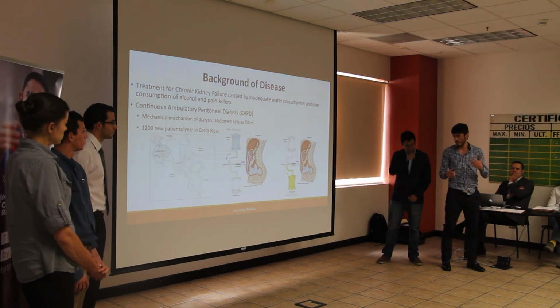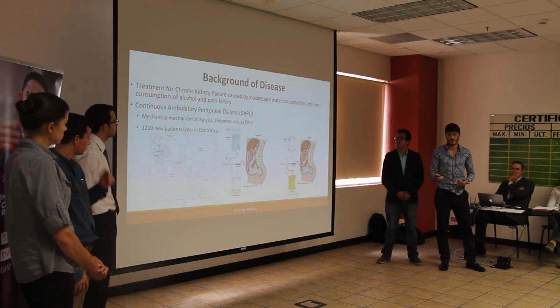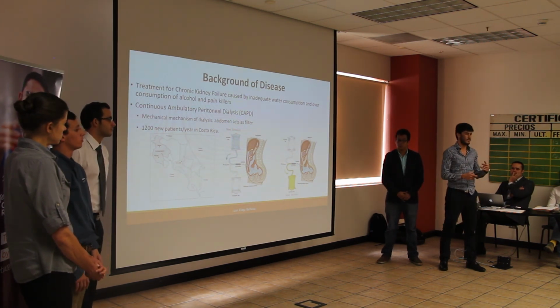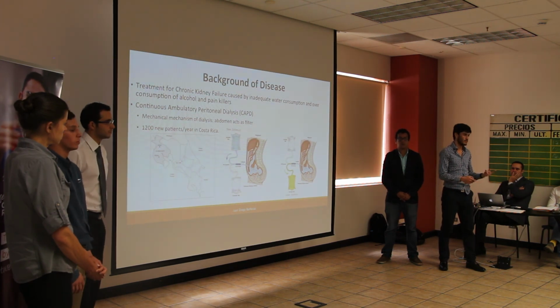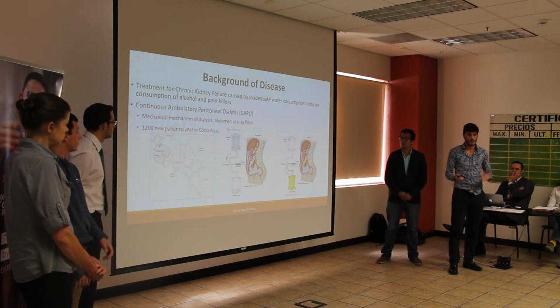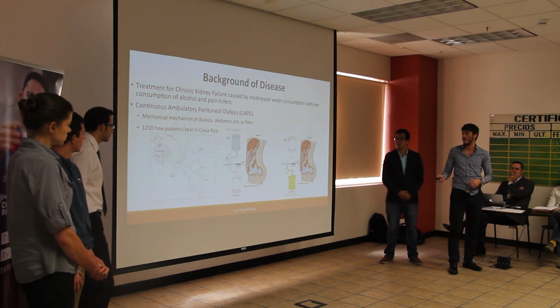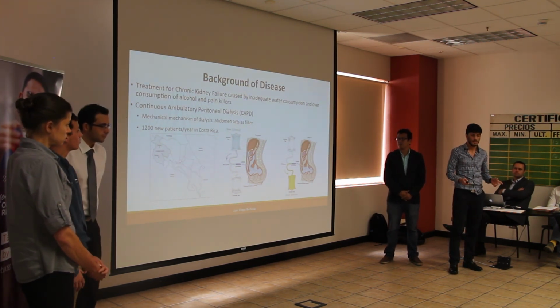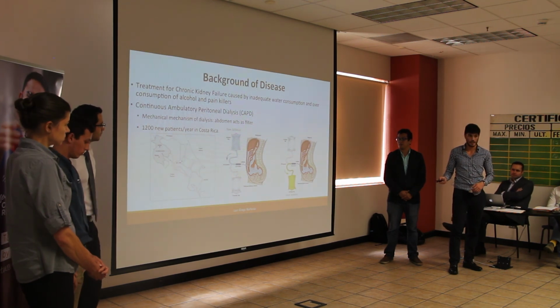The thing with this CAPD is that some people in Liberia have very low incomes, and we're talking about $1 to $5 a day. They need at least 1 meter of height between the fluid bag and the regulator, and at least half a meter between the waste bag and the regulator.